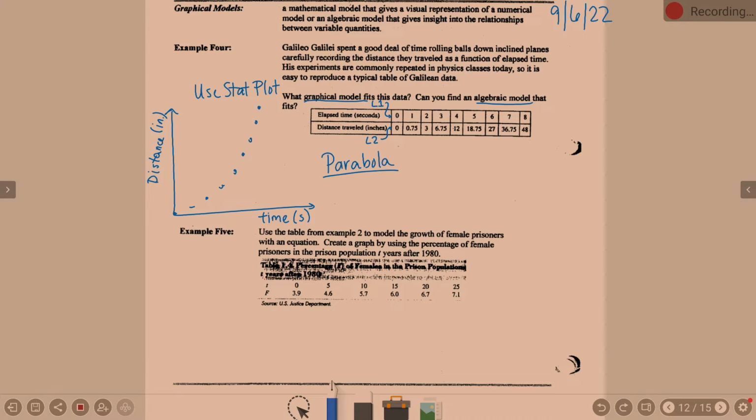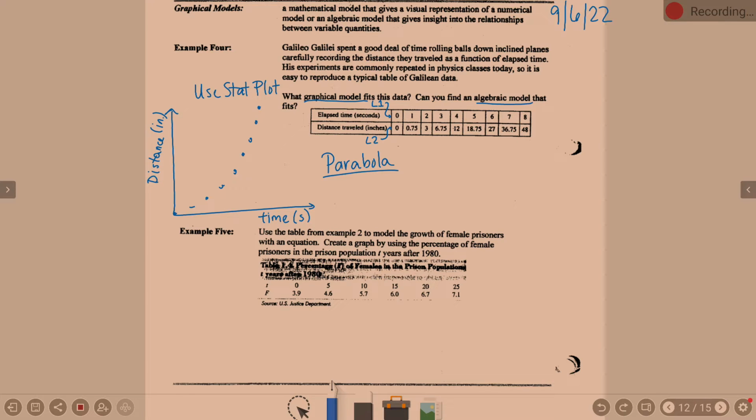Now, as we talk about it looking like a parabola, think equation for me. What does an equation for a parabola look like? x squared, right? So the general parabola is y equals x squared, yes?